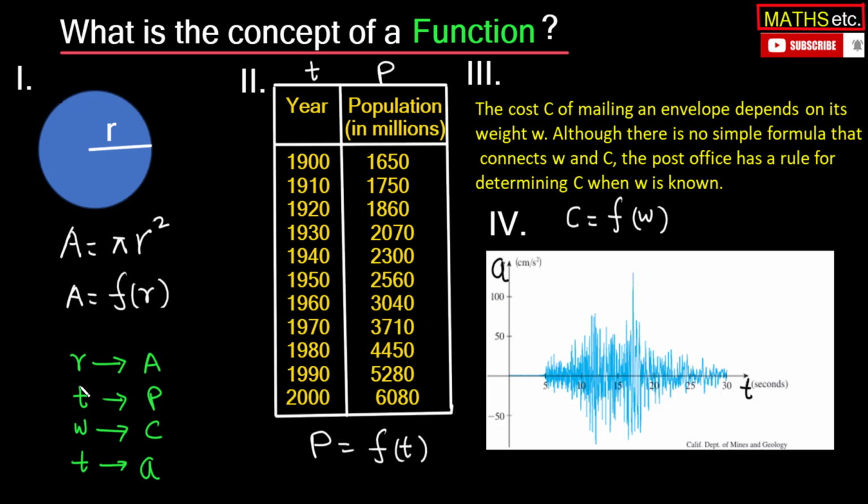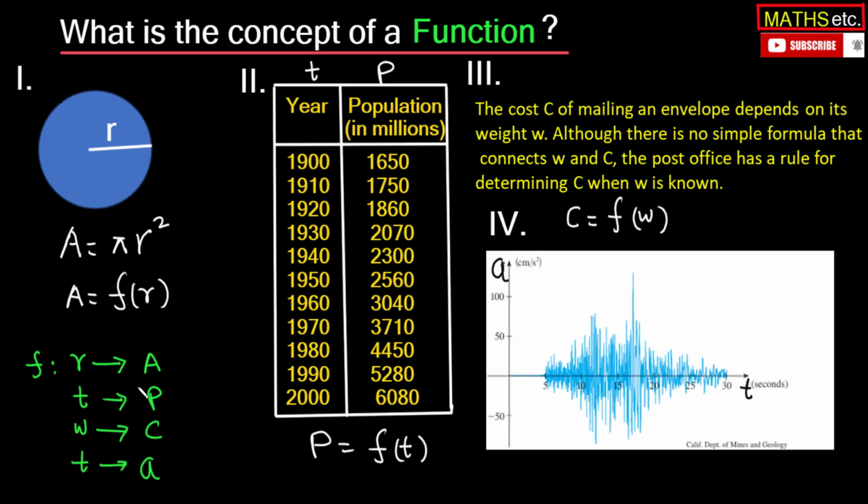So there is a rule which is associating each value of one variable to another variable, and this rule we denote by a symbol f, and we call it a function. These r, t, w and t on the left hand side can take independent values. We call them independent variables. The other quantities A, P, C and a take their values depending upon the independent variables. We call them dependent variables.